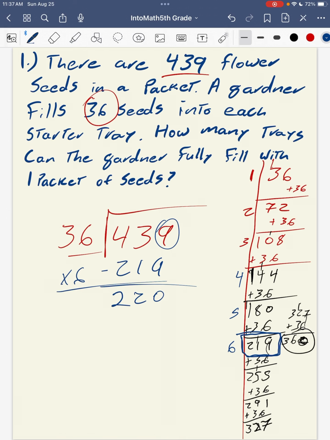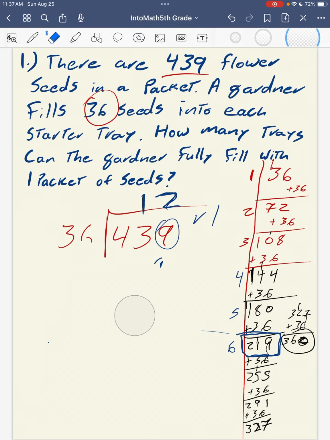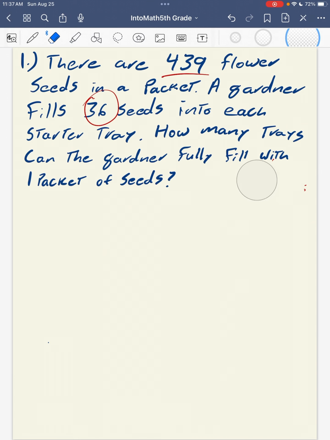So 36 times 6 gives me 219. I can get there again, another 6 for 219. Leaves me with a remainder of 1. So I have 12 trays. Okay. So 12 trays gets me here. I'm sorry for the confusion, but sometimes we just need to work it out to piece it together.